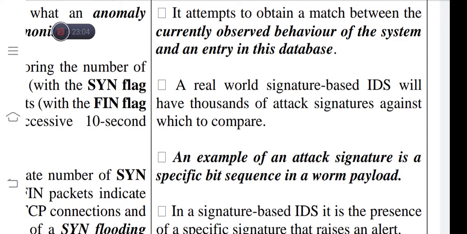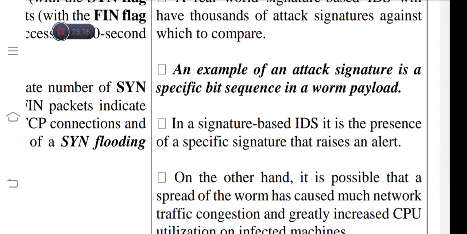For example, an attack signature is a specific bit sequence in a worm payload. In a signature based IDS, it is the presence of a specific signature that raises an alert. The specific signature means, at that particular point of time, in which pattern the system is behaving.